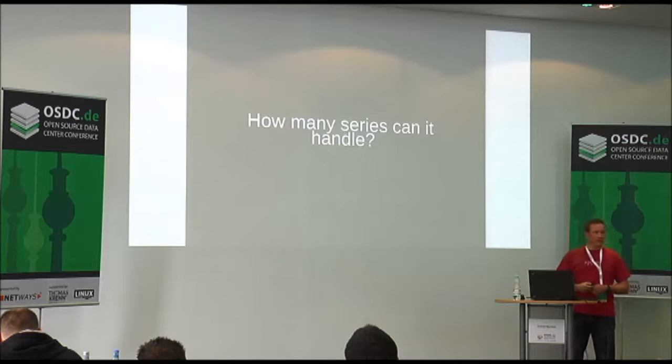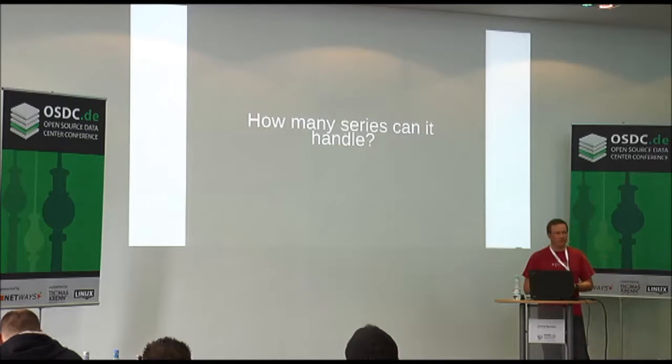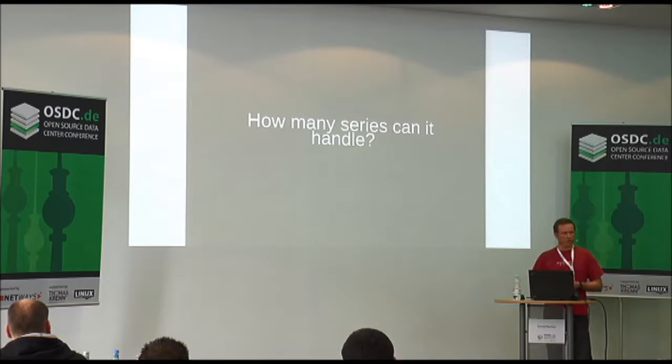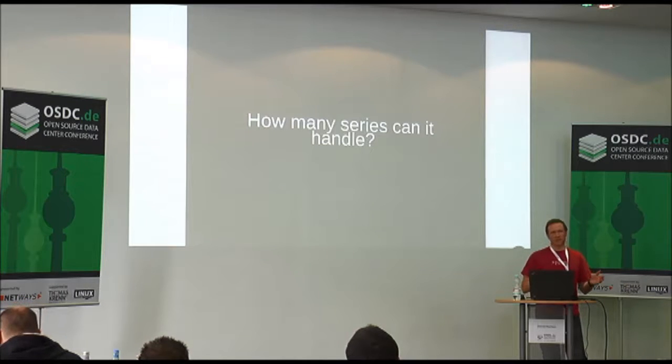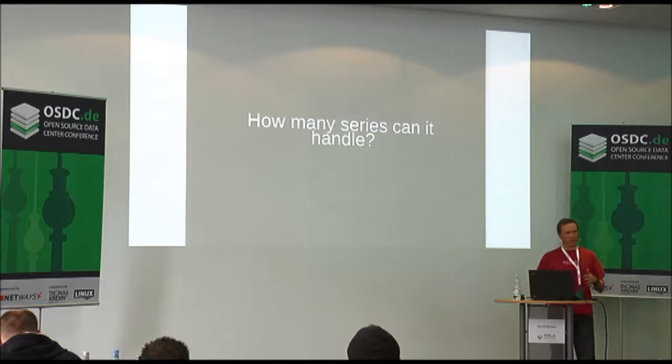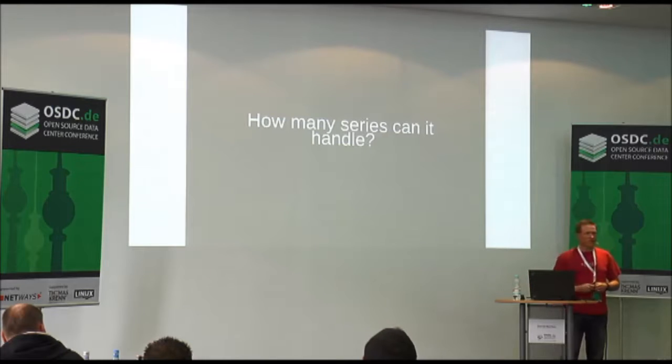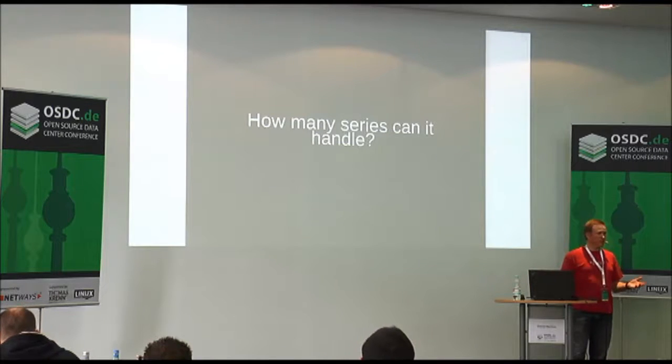So how many of these time series can the database handle? The answer right now is I don't know, but the goal for the upcoming version 0.9 release is 1.2 million points per second written across 1.2 million series. I know for a fact that we can handle 1.2 million series.